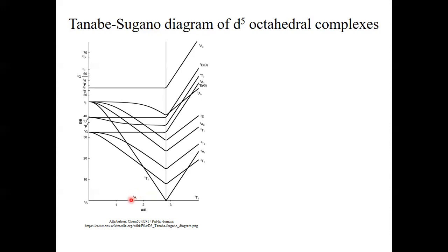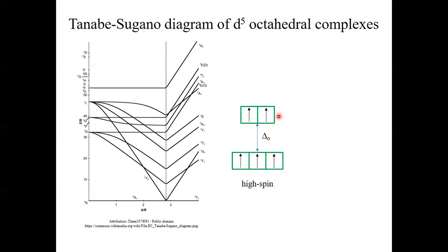Again, let us understand why this is a sextet term and this is a doublet term. For the electron configuration D5 high spin complex, we can fill 3 electrons unpaired into the T2G orbitals and 2 other unpaired electrons into the EG orbitals.